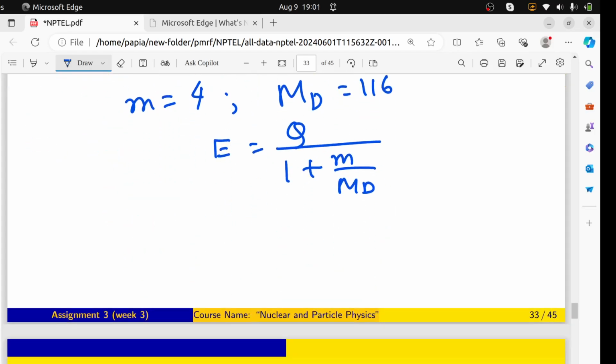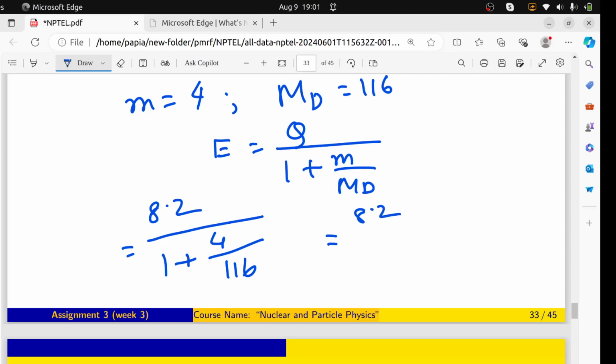So if I put these values, Q was 8.2 divided by (1 plus 4 divided by 116). If I calculate that, it will come as 8.2 divided by (1 plus 0.0344).